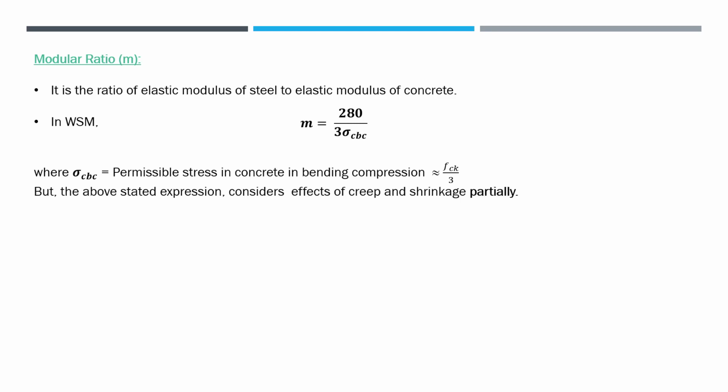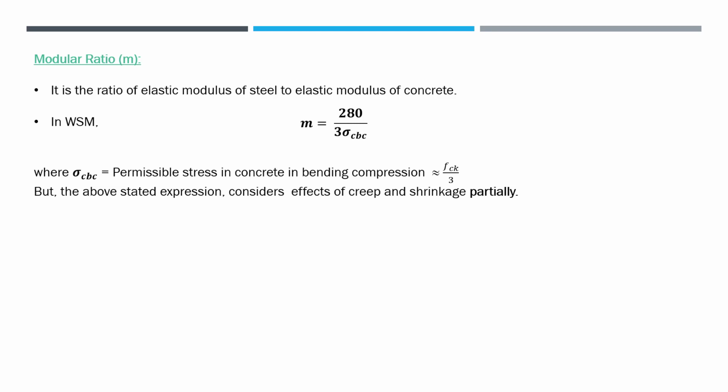But this value of modular ratio m takes into account only the partial effect of creep and shrinkage. We have already seen the expressions for short-term and long-term modulus of elasticity. So let's compare the values of modular ratios as per the IS code formula and the long-term and short-term modulus of elasticity.